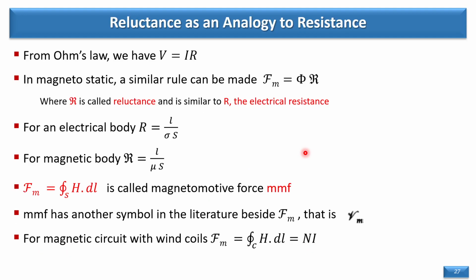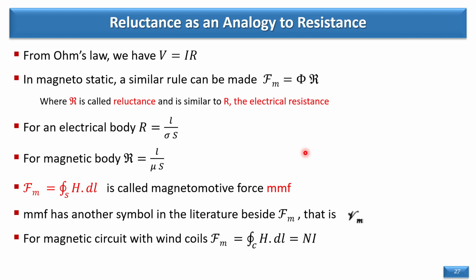In electric circuits, we have Kirchhoff's law, we have Ohm's law, V equals I multiplied by R. In magnetic circuits, we will have something similar to Ohm's law, where we have F, the magnetomotive force, equal to phi, which is analogous to current, multiplied by R, which is analogous to resistance.